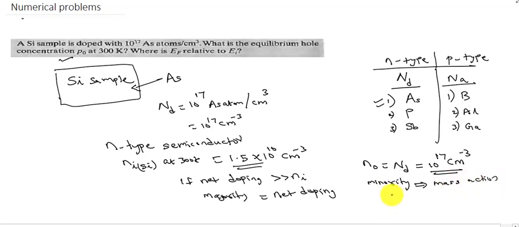That is N0 P0 is equal to Ni square, so P0 is equal to Ni square by N0, which is 1.5 into 10 raised to 10 the whole square divided by N0.